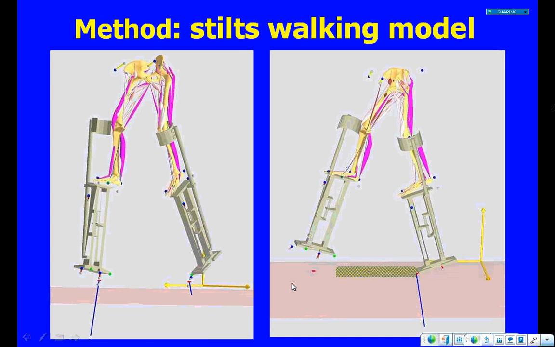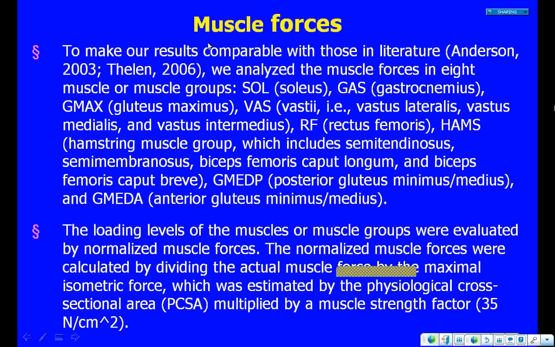Then, in order to make our results comparable with those in the literature, we analyzed 8 muscle groups: the thoracic, gastrocnemius, gluteus maximus, and the vastus. Vastus is a muscle group that includes a couple of muscles, and the RF, rectus femoris, and the hamstrings are also a muscle group, and the GM, posterior gluteus medius, and the anterior gluteus minimus medius. These are the 8 muscle groups.